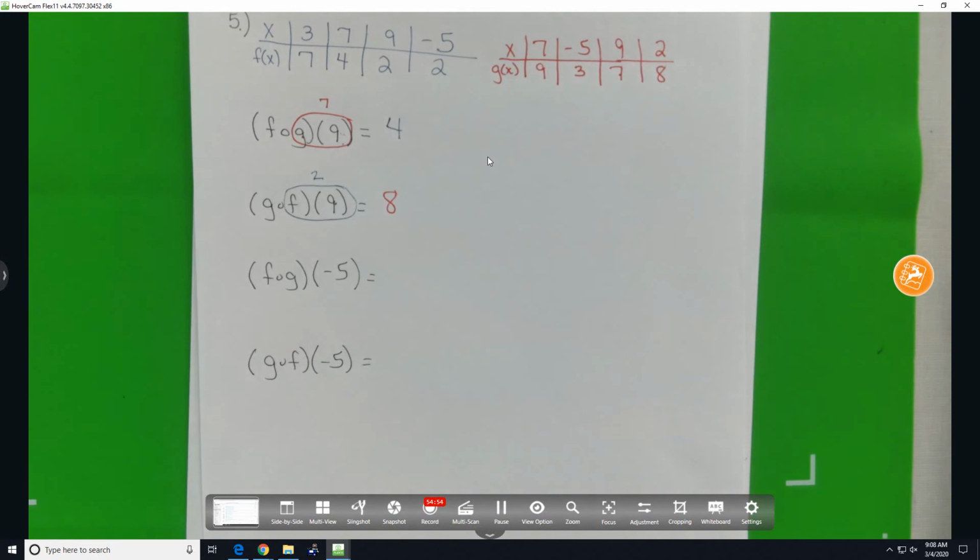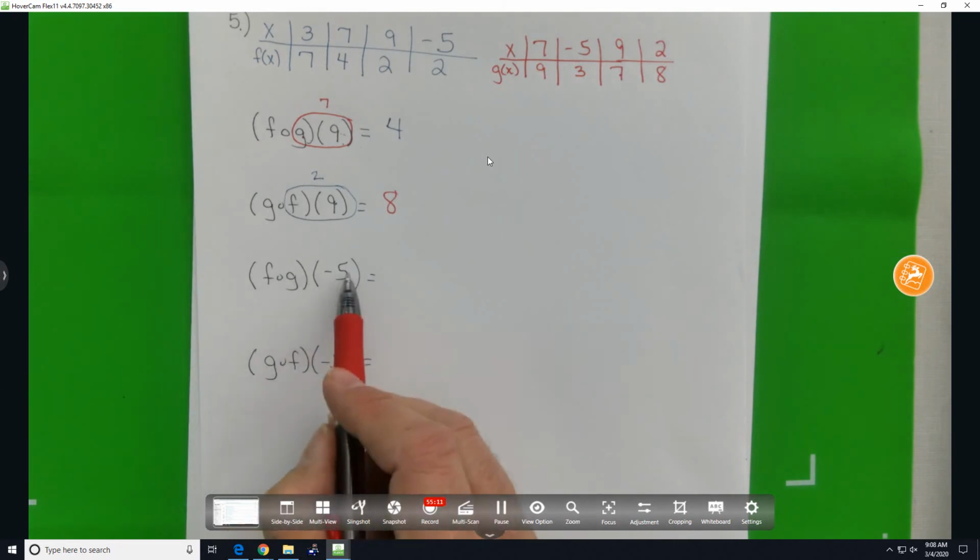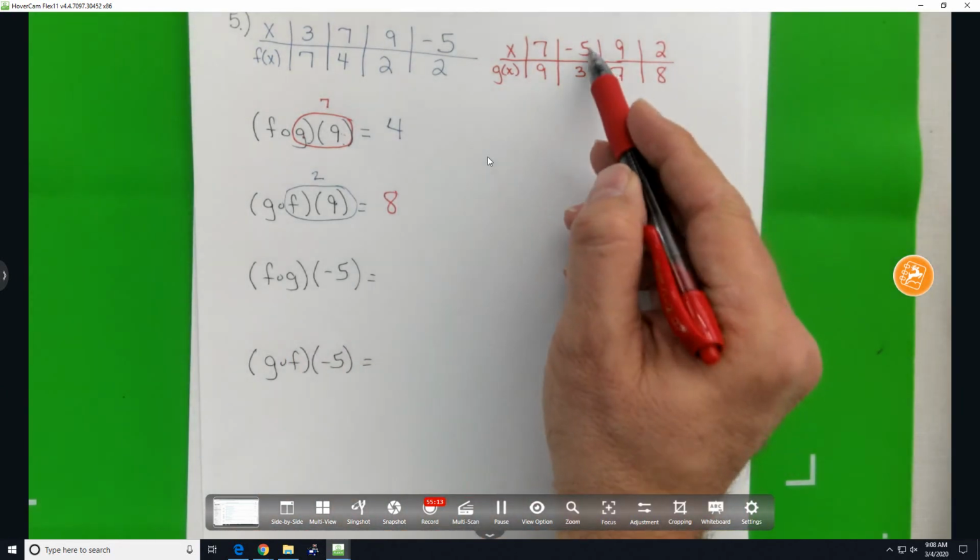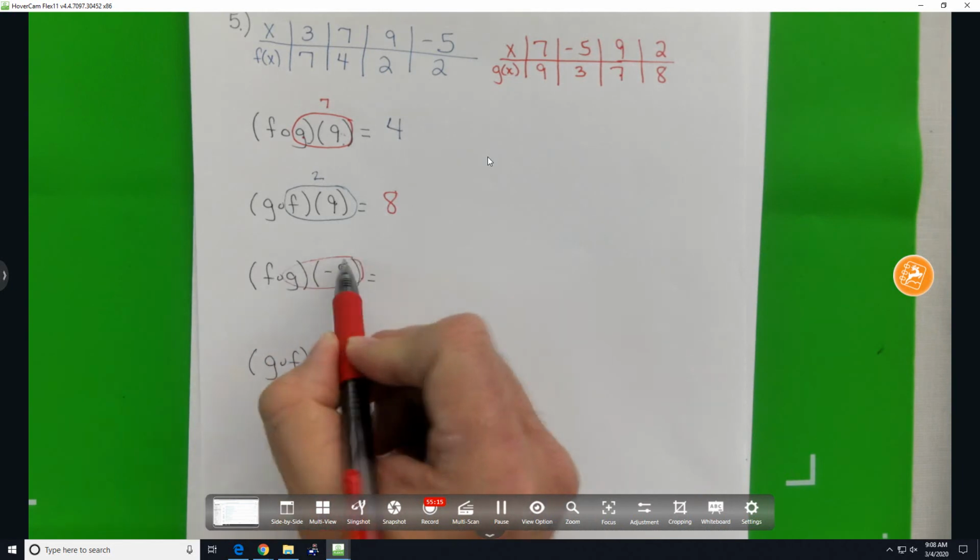Now, take a couple of seconds and see if you can figure out f of g of negative 5. See if you can get the right answer before I do it. Let's see. First, look at the G table. G of negative 5 would be 3.